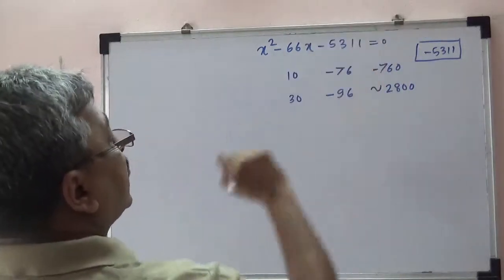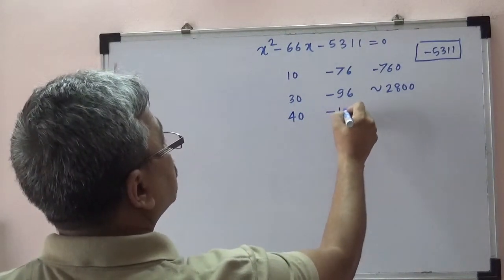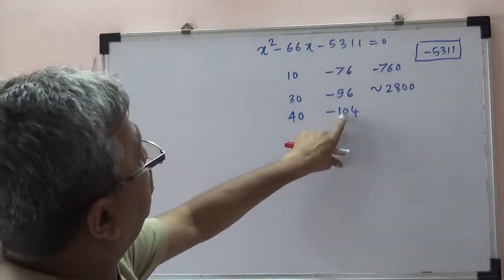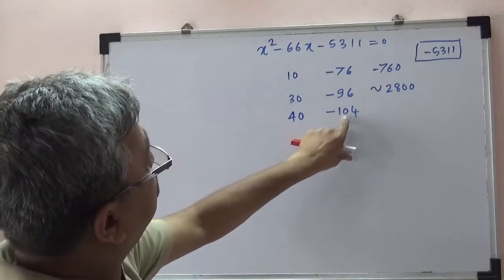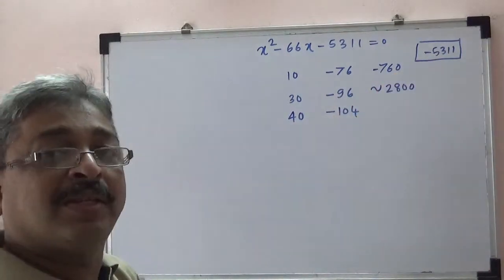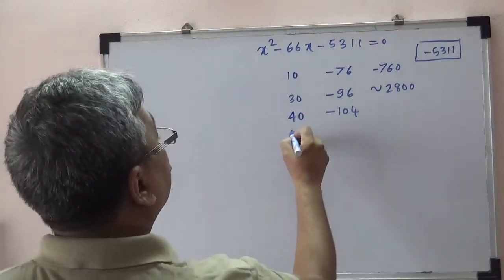Okay, but still it is less. So I guess one more. This is minus 104. Now I see that this is definitely more than 4,000, but still less than 5,311. Definitely. Therefore I take one more guess.